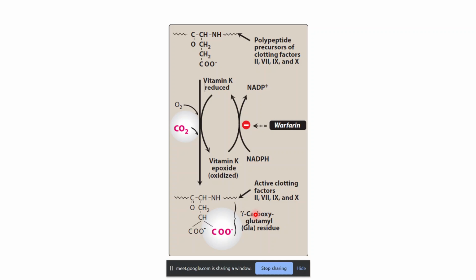The antidote is vitamin K, which can be administered intravenously or orally. And sometimes, in case of emergency, plasma transfusion is indicated. Warfarin is teratogenic and should not be used during pregnancy. During pregnancy, heparin is indicated as an anticoagulant.